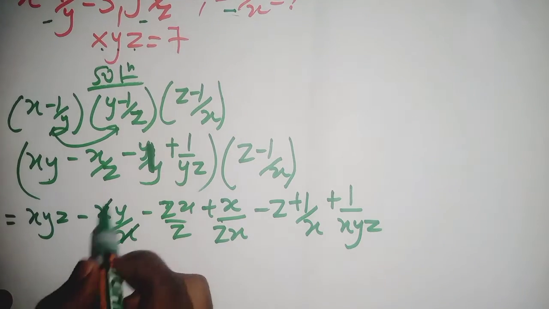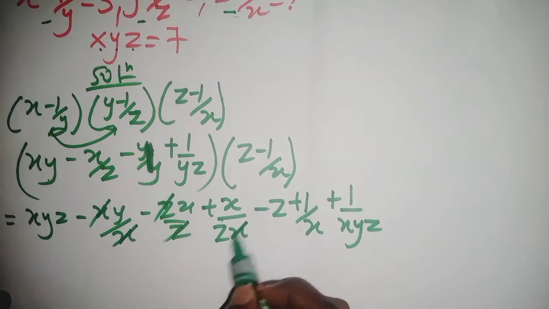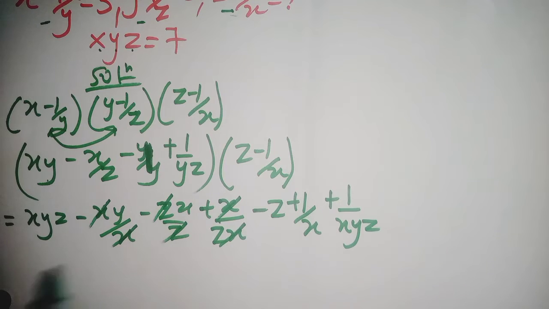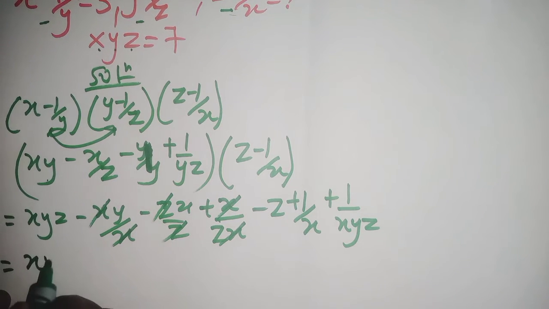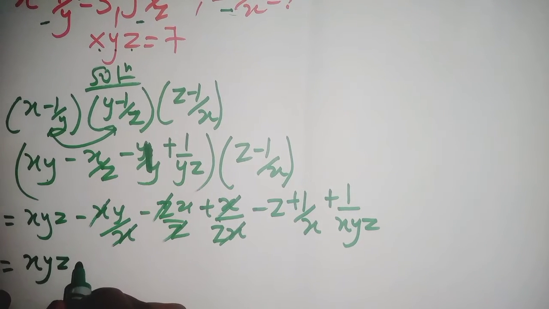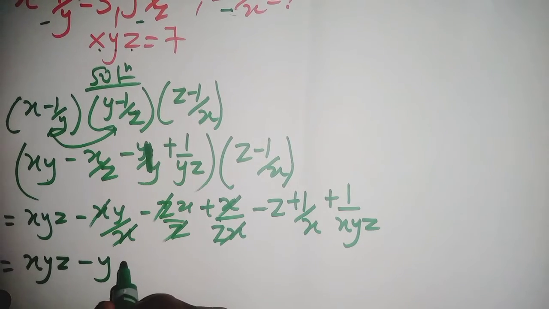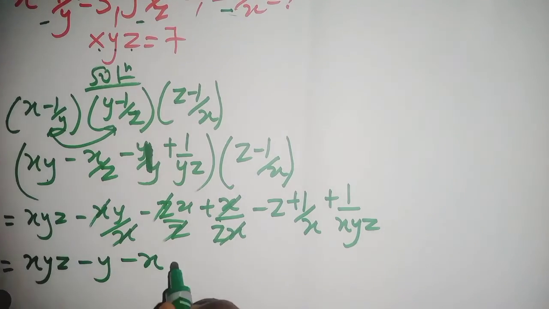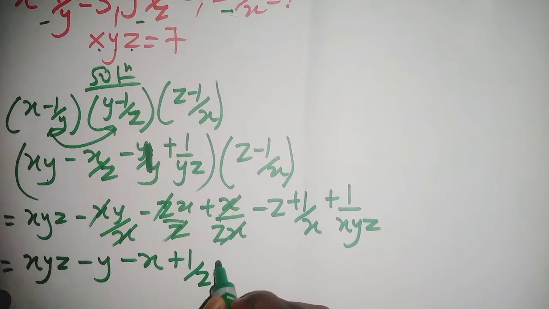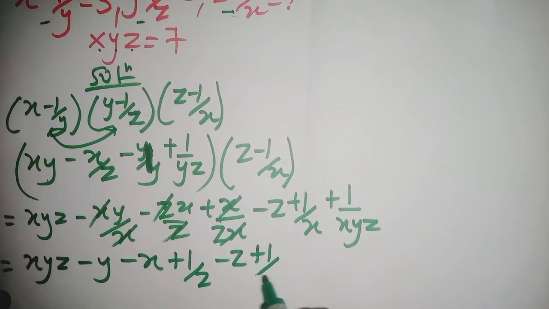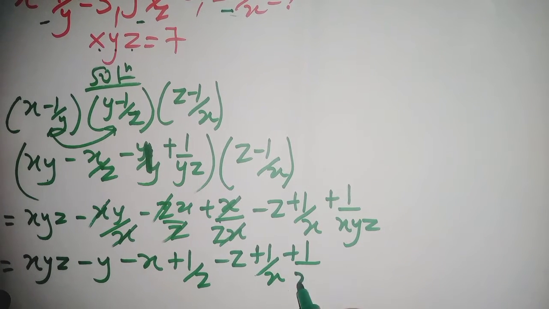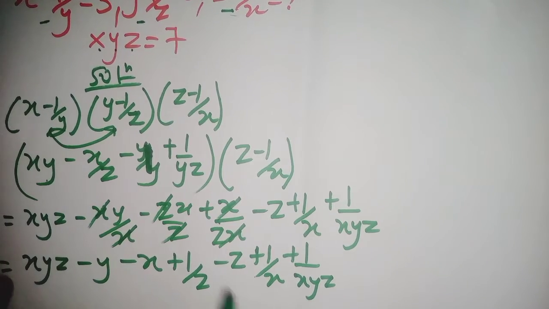So we realize that this will get rid of that, this gets rid of that, this also, and then we just have xyz minus y here minus x plus 1 over z minus z plus 1 over x plus 1 over xyz. So there's one more left.